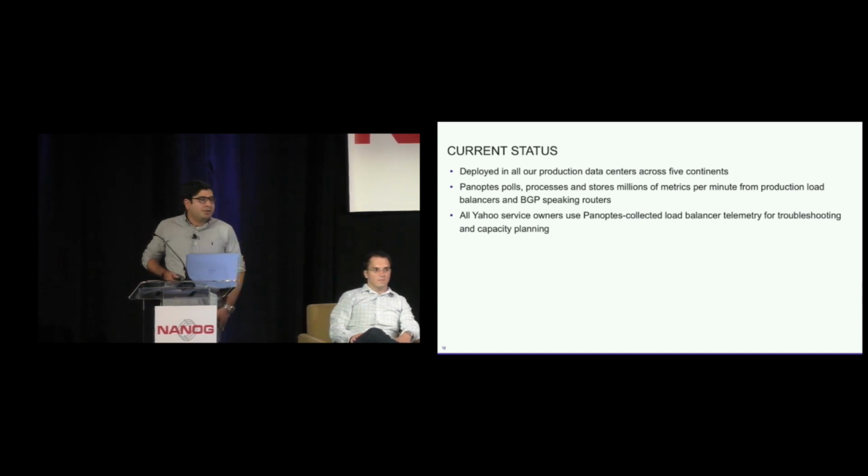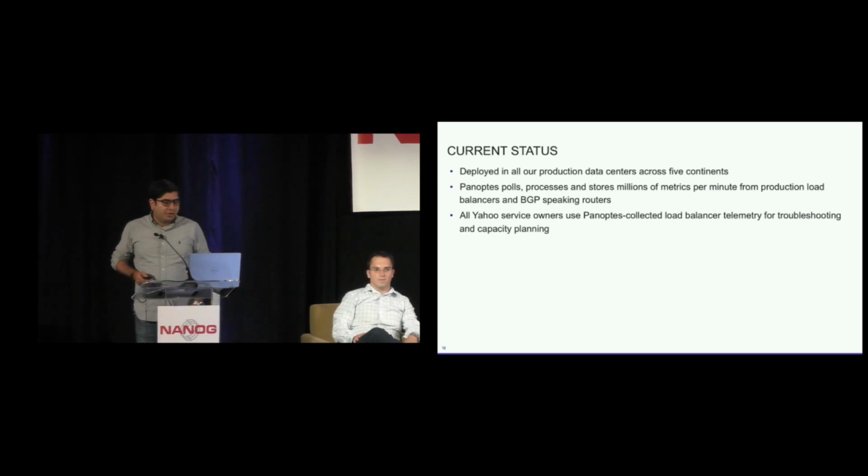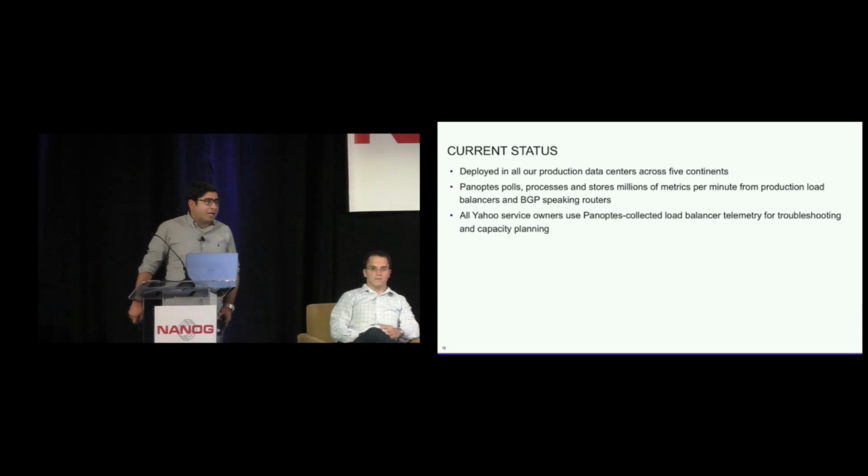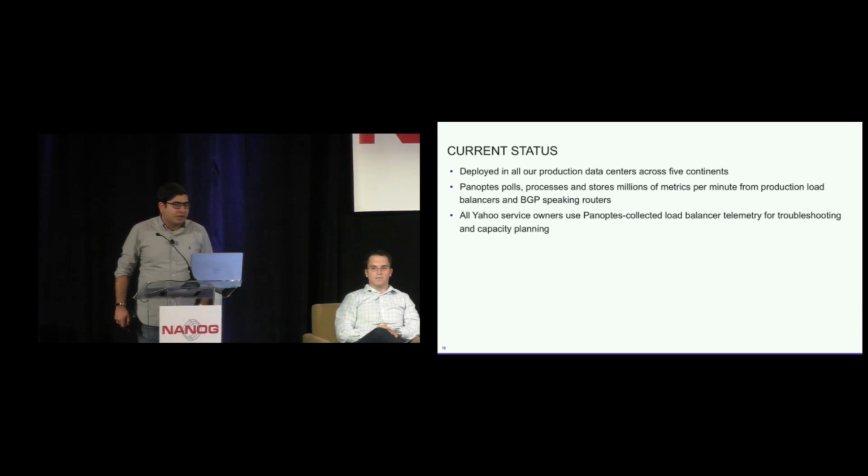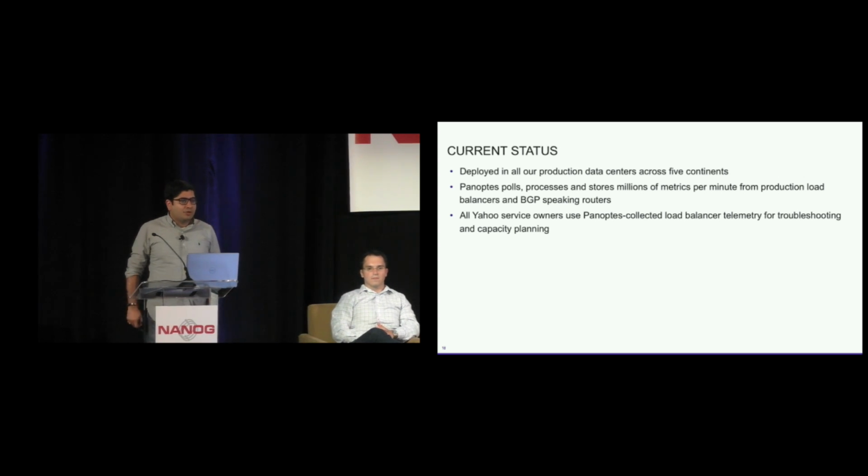So Panoptes is being deployed to all our production data centers, and we poll, process, store, index, cache millions of data points per minute. Yahoo service owners actually use the data that we're generating for their day-to-day operations as well as capacity planning.